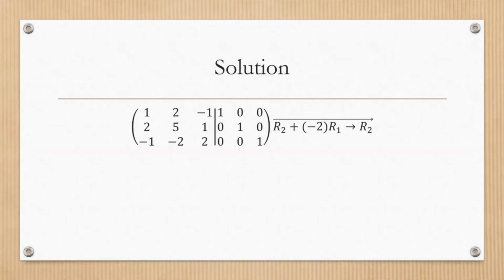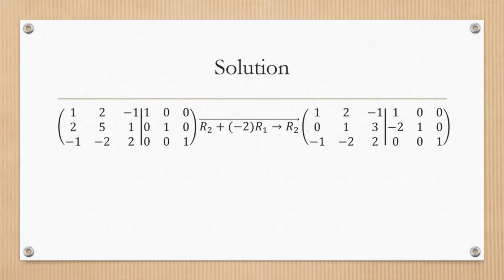First we're going to take the second row and subtract it with the first row that has been multiplied by 2, and this is the result of that first row operation.